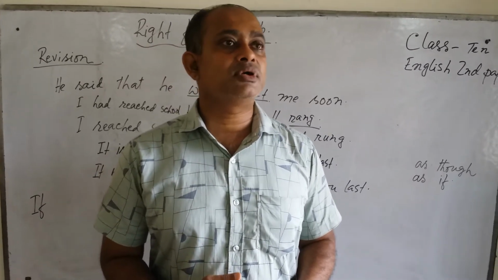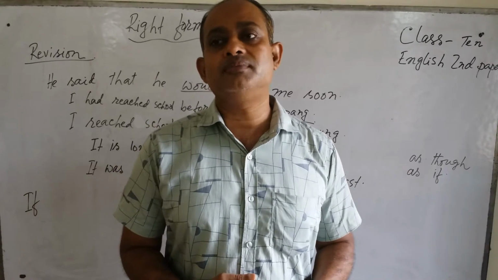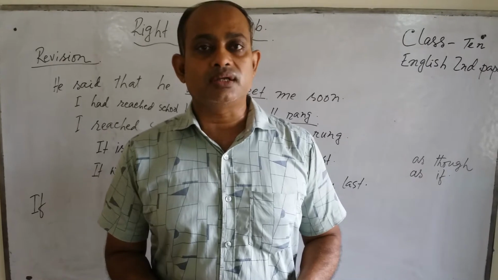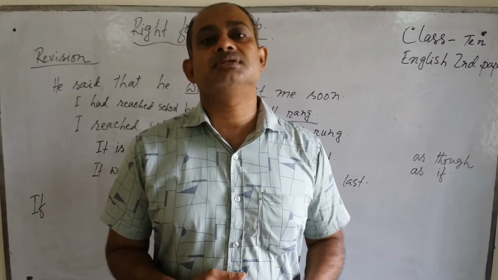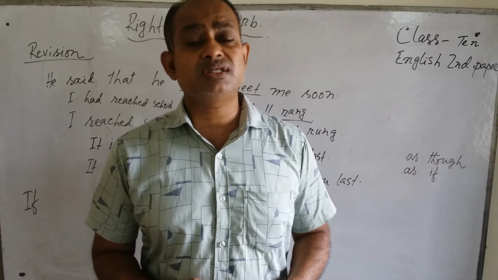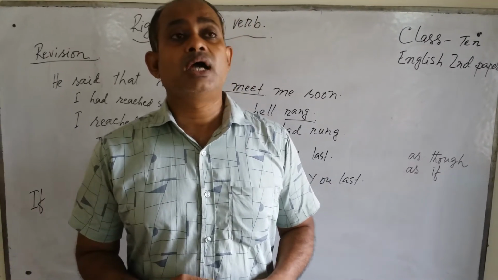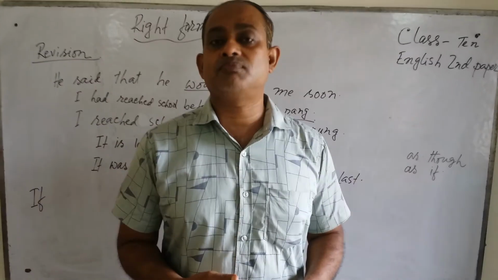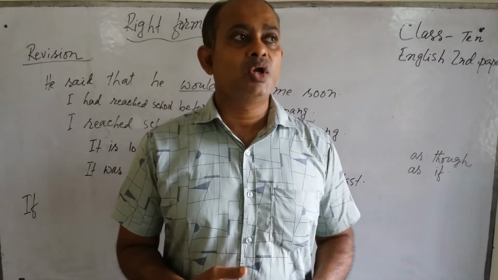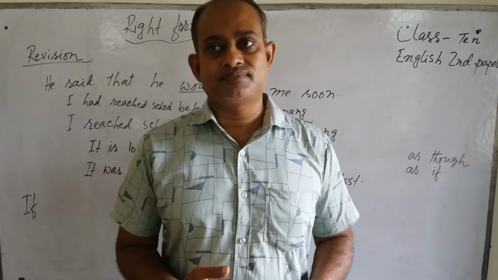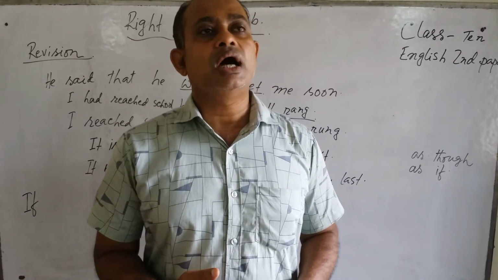Then we discussed the s or es form. It is used in the present indefinite tense when the subject is third person and singular number. We discussed the ing form. Ing forms are used in the continuous tenses or perfect continuous tenses, where after the verb to be we use the ing form.